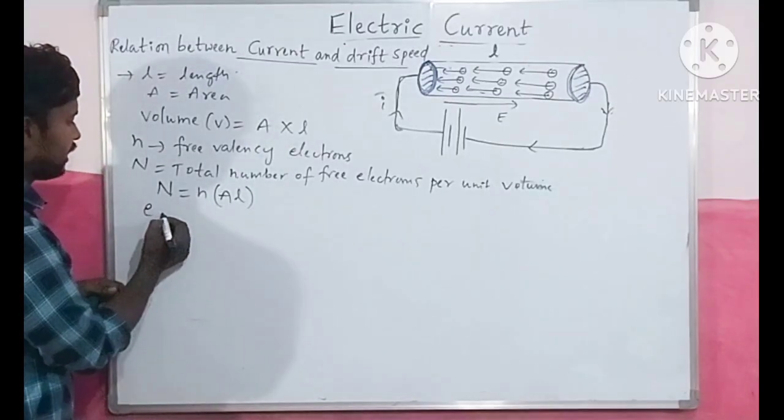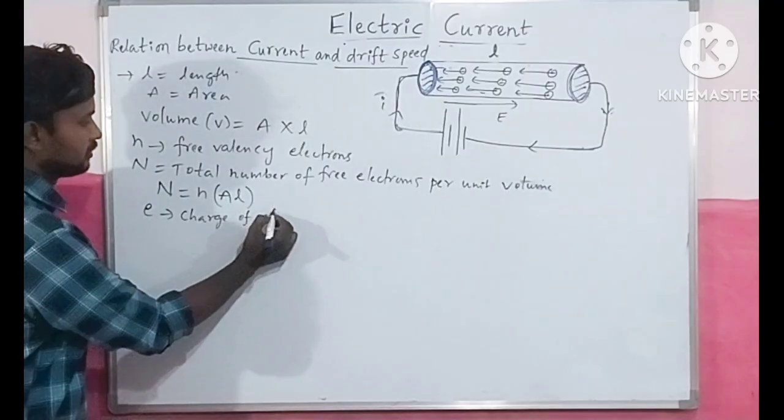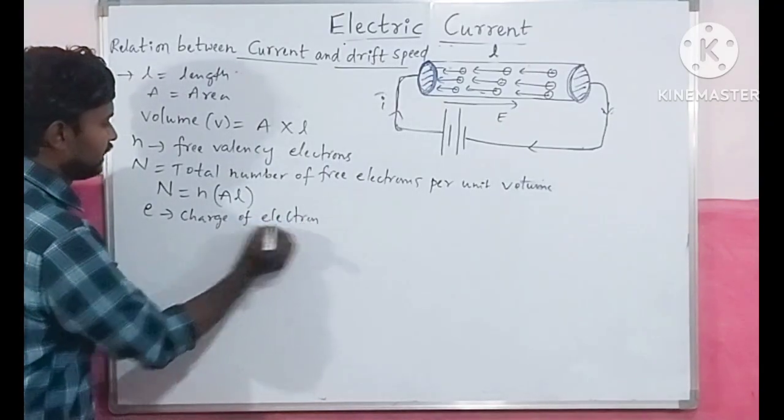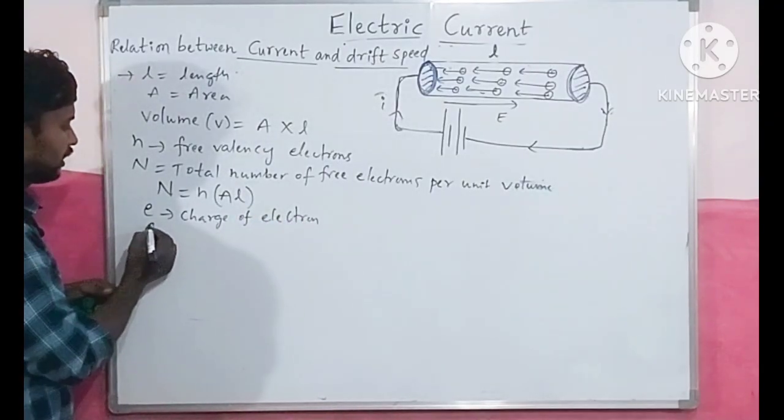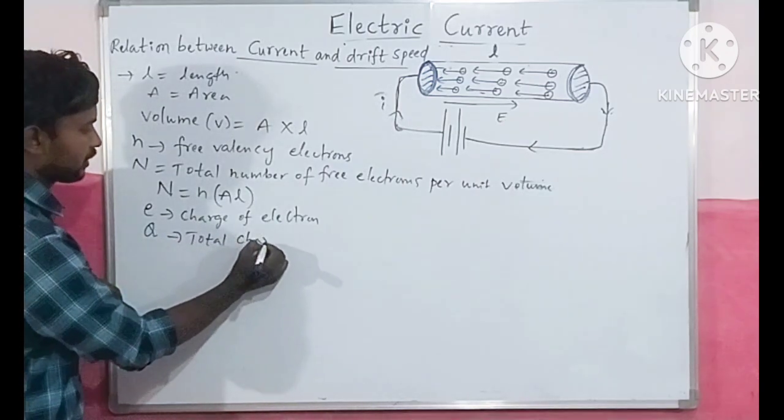Next, e is the charge of an electron, and Q is the total charge of the electrons.